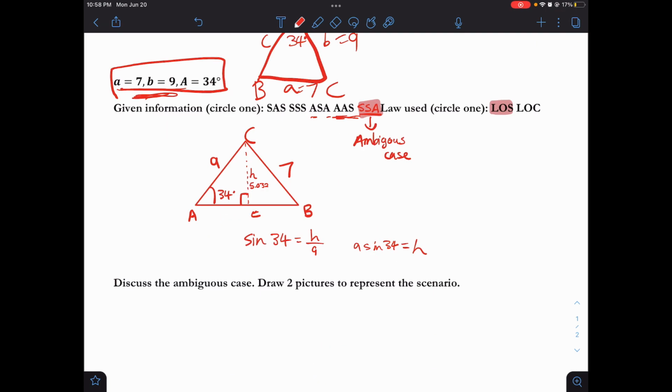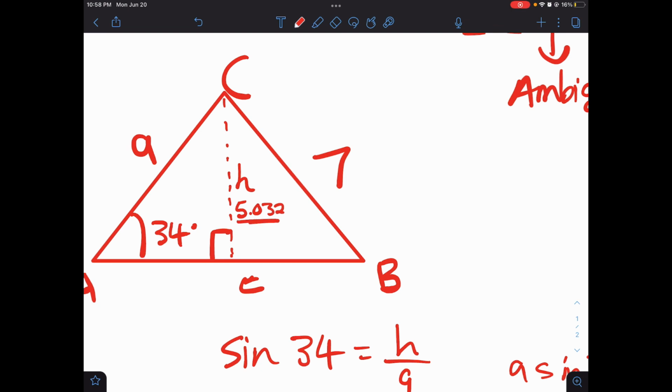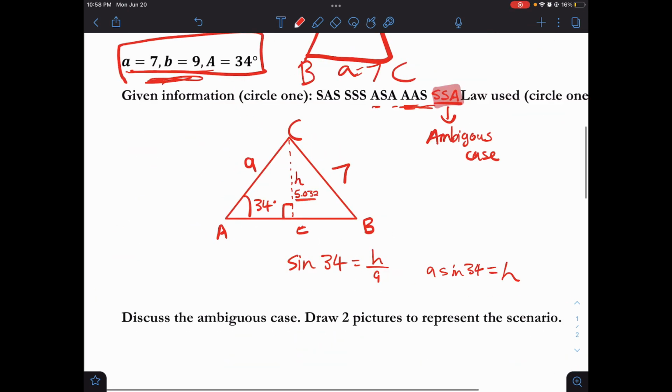Now what this tells me is that if h is less than this value right here, and this value right here is less than this value right here, we have two solutions.